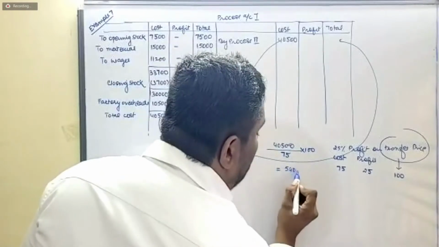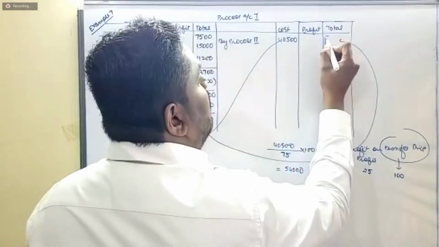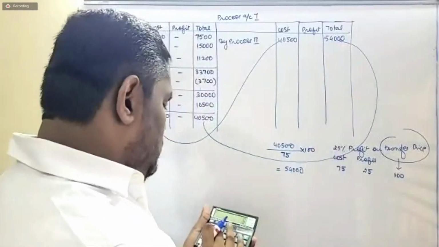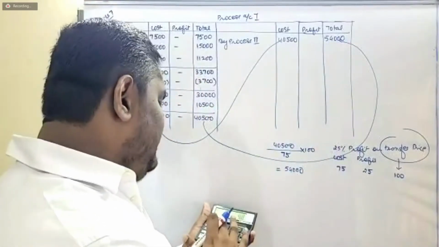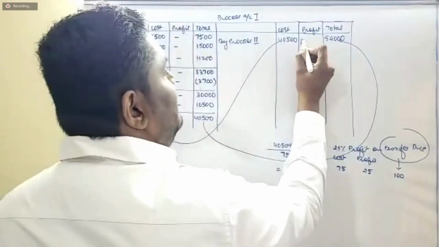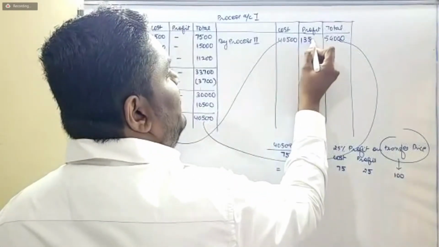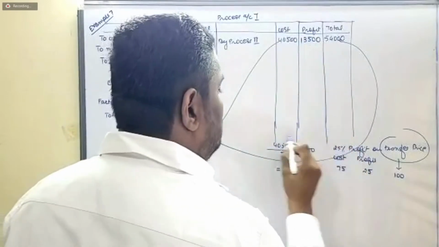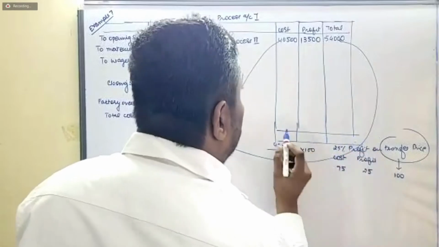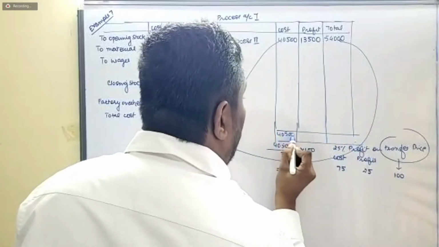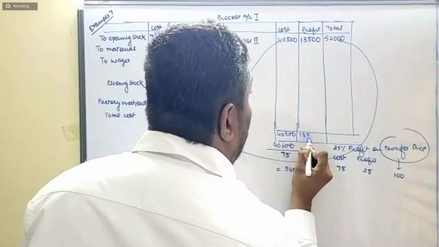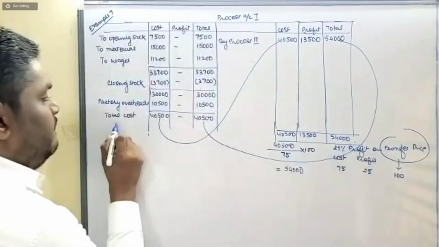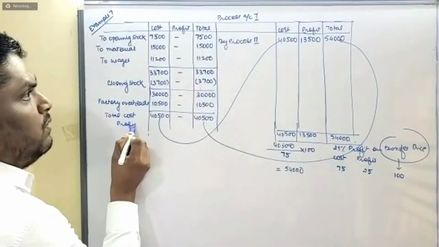54,000. So 54,000 minus 40,500, 13,500 will be my profit. And we'll balance the account also. Here we'll write the profit also.